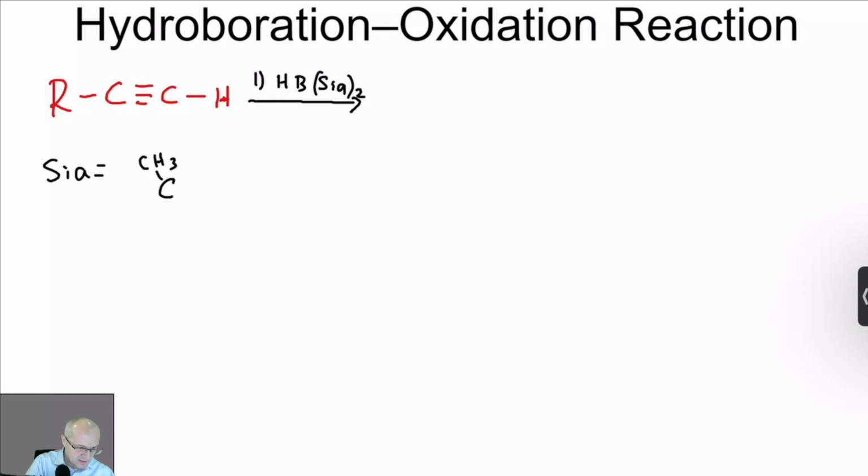It's called a secondary isoamyl. So essentially SIA, I want you to think of it, you don't necessarily have to remember the structure, as bulk. It's just bulk, big stuff, okay?